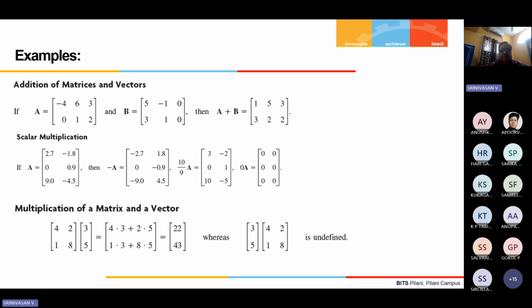AB is defined. Correct. It is of order 2 by 1 resulting matrix. Whereas you take BA. What's happening? B is a 3 by 5 matrix. A is 4, 2, 1, 8. And what is happening? B is of order 2 by 1.